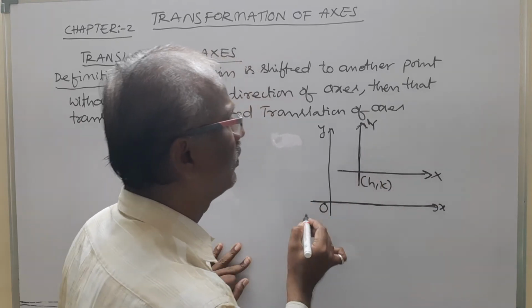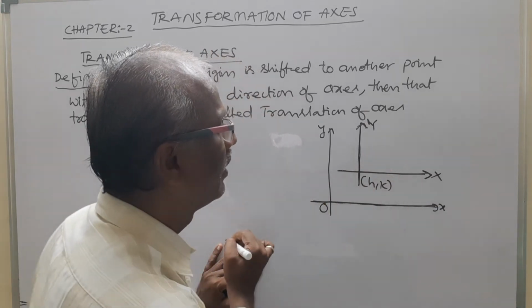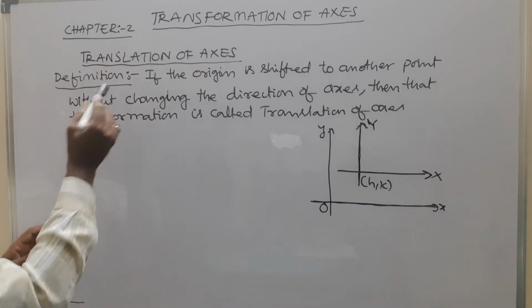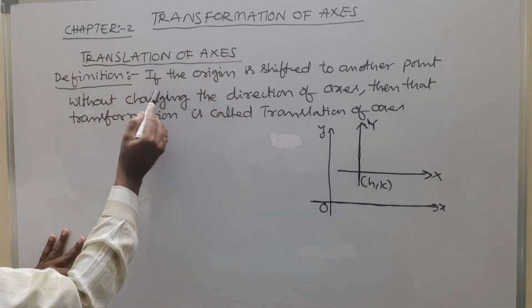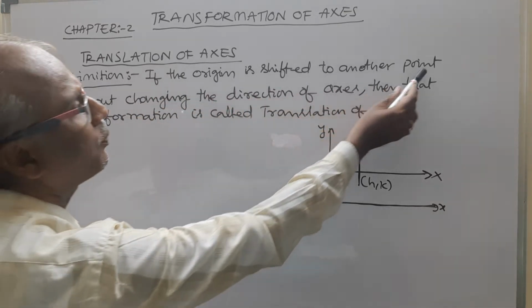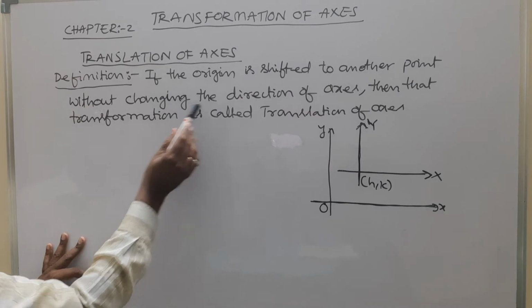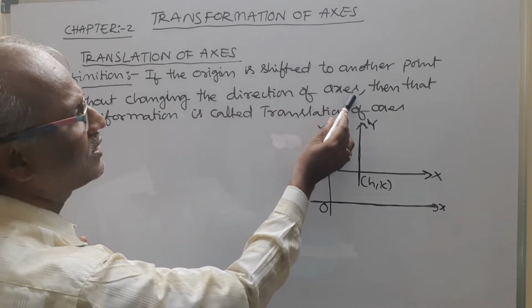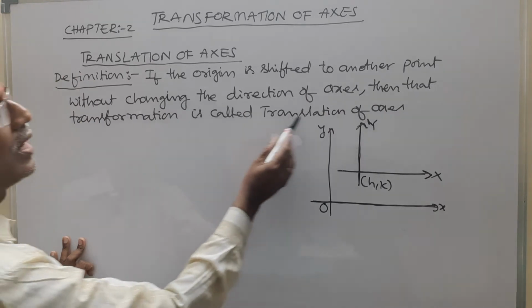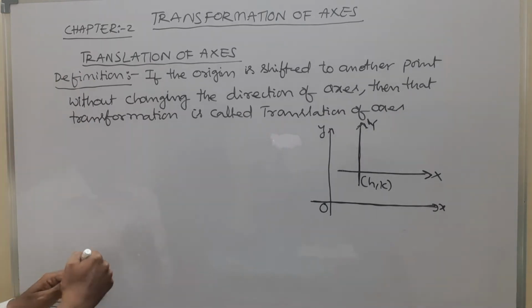This type of transformation is called translation of axis. The definition: if the origin is shifted to another point without changing the direction of the axes, then that transformation is called translation of axis.